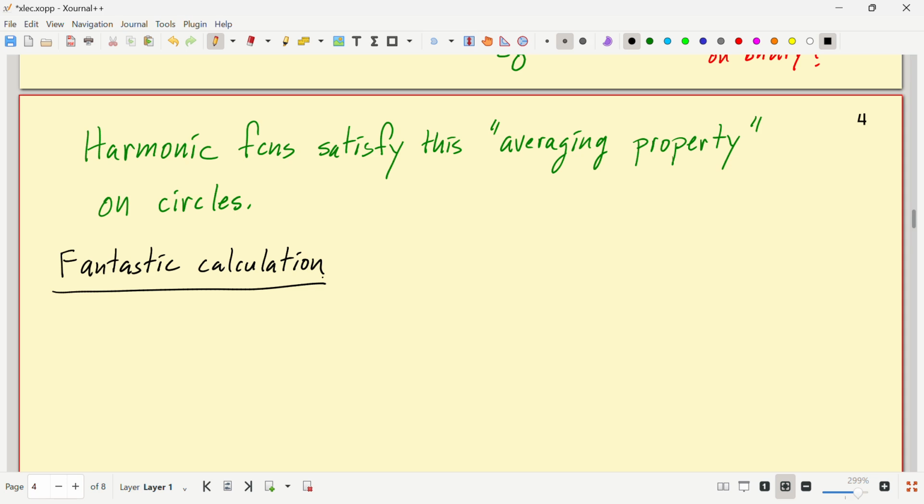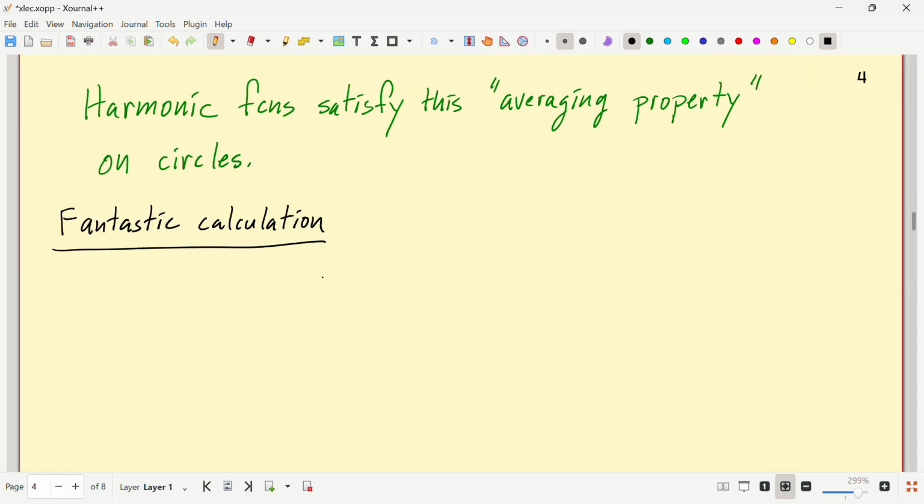Okay, so we got u of r theta is equal to that thing. Remember when I turned the real Fourier series into the complex version?